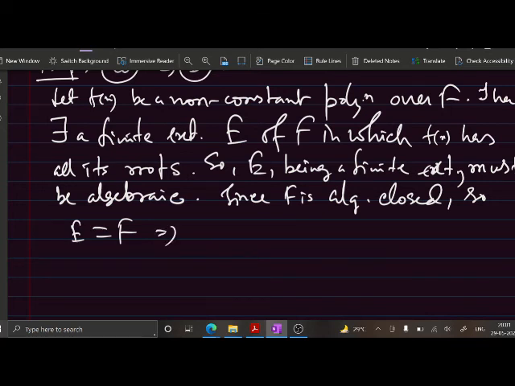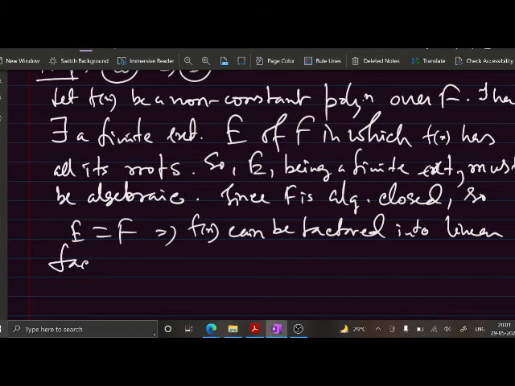So this implies f(x) can be factored into linear factors in F[x].